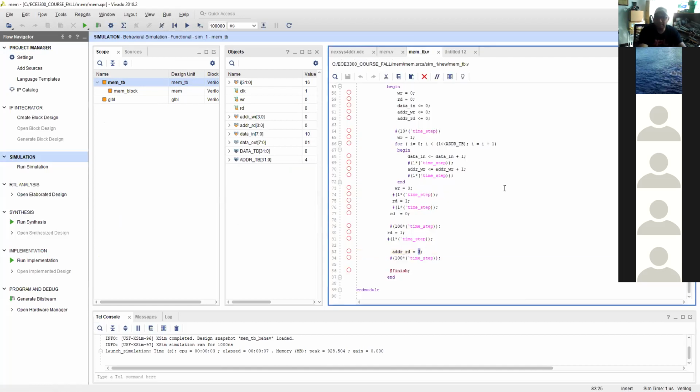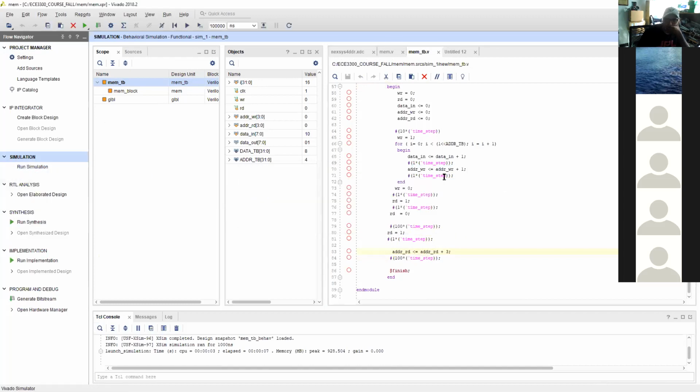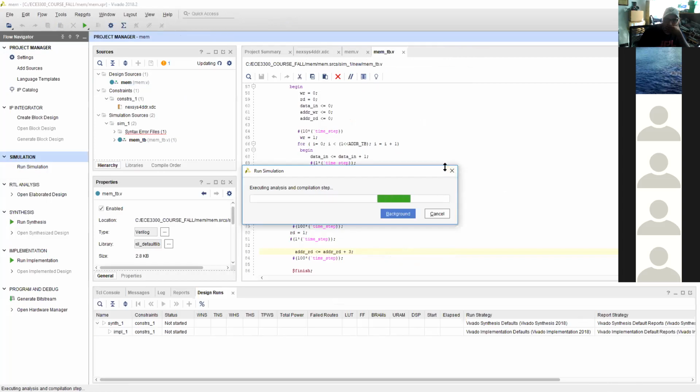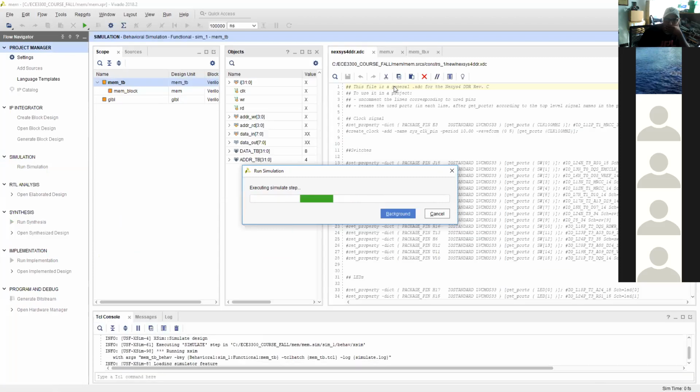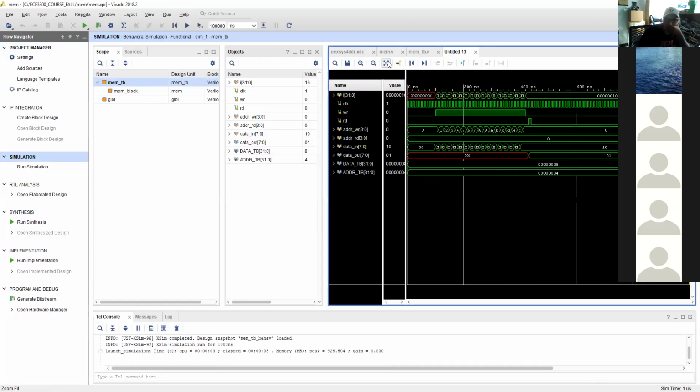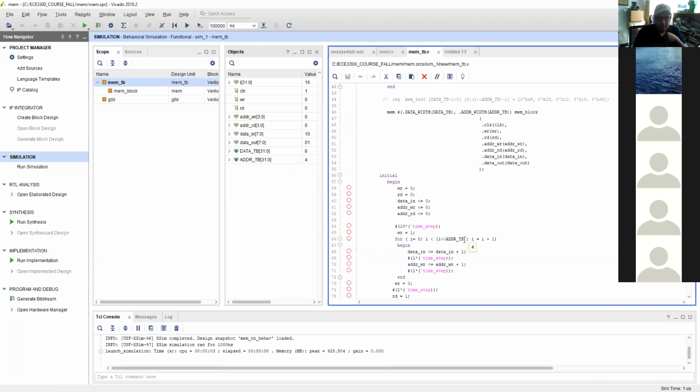I think it's a stability issue. Address. That doesn't make sense. Any suggestion why the address read is still 0?